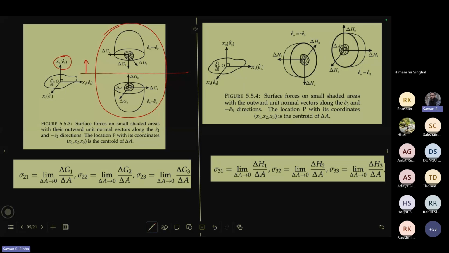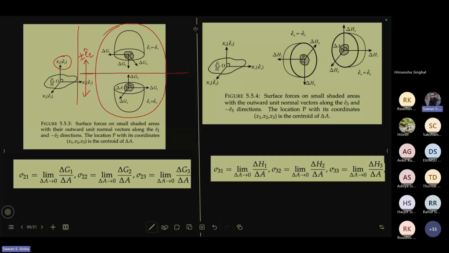Not outward normal, a plane will not have an outward normal. I would say that a plane which has its normal along plus or minus e2, whichever you take. But then it is vertical as I have oriented the figure. Up or down doesn't matter.